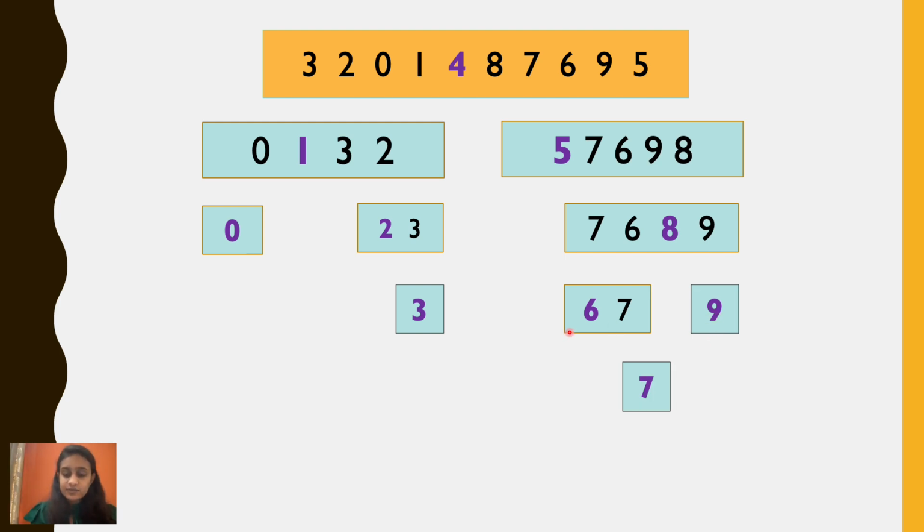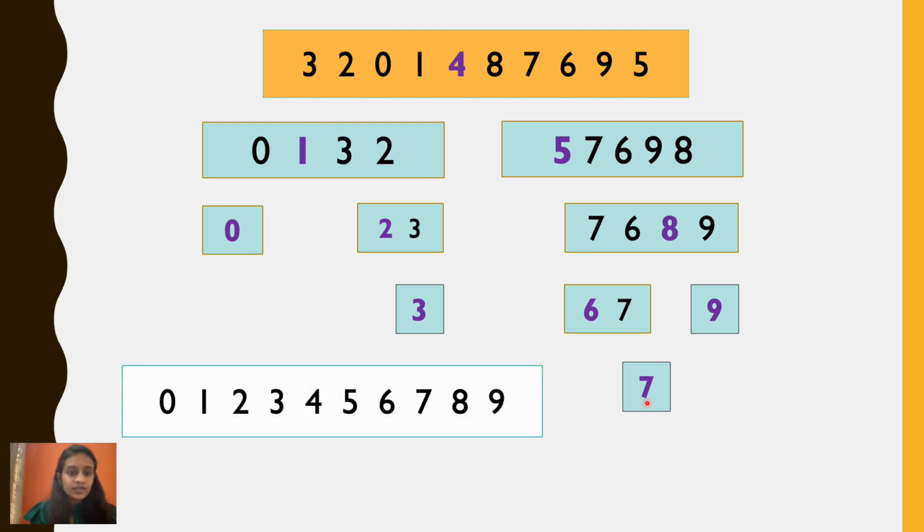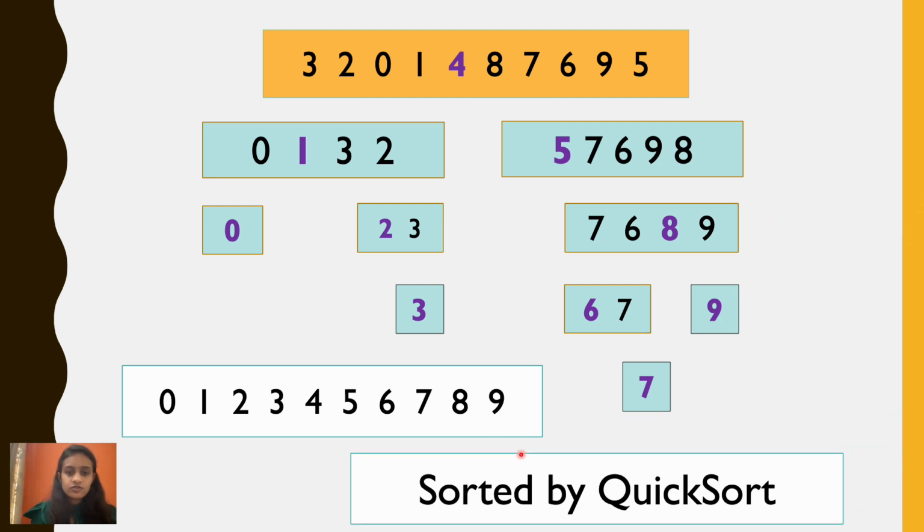So 9 and 6 being the pivot value, and again taking 7 as a pivot value. Now we can observe the table over here. We take the elements 0, 1, 2, 3, 4, 5, 6, 7, 8 and 9. So these elements are sorted by quicksort.